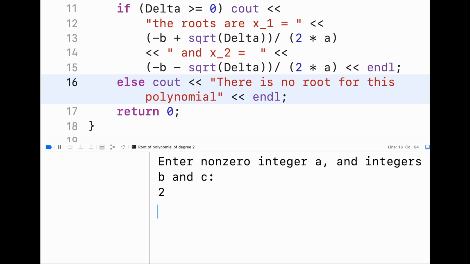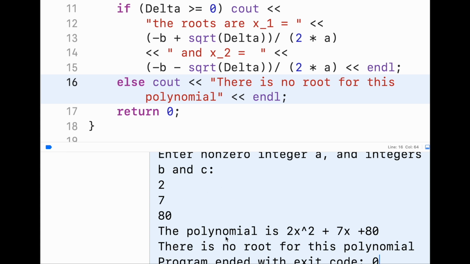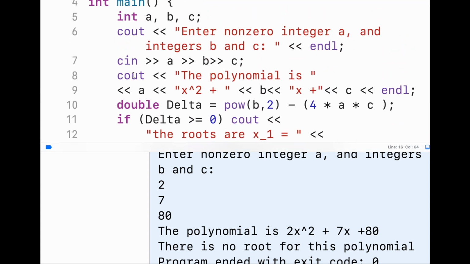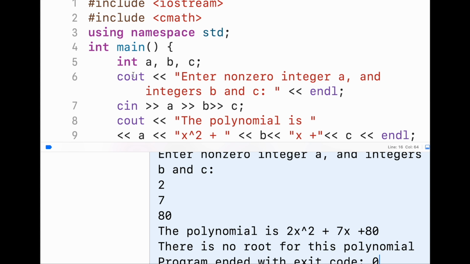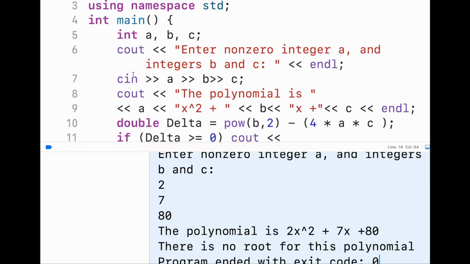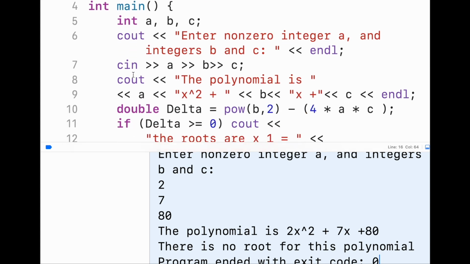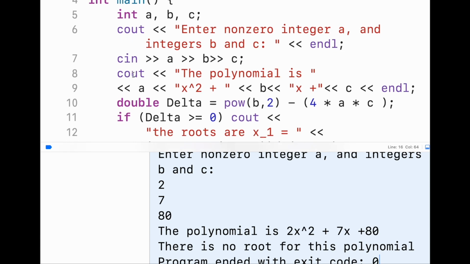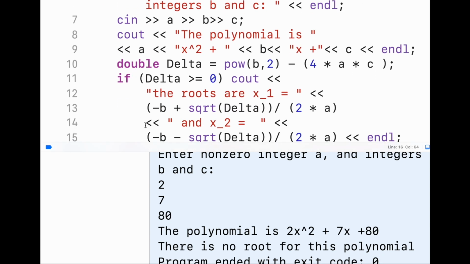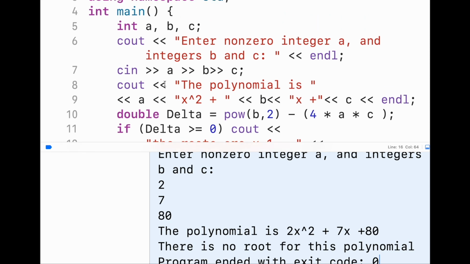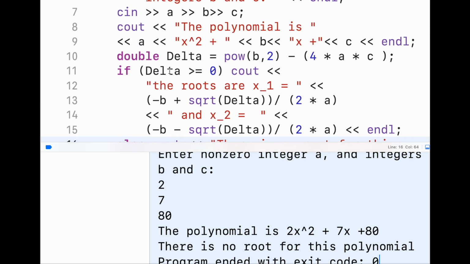I enter different integers from the previous one. So I want delta to be negative, so I choose c to be big, so there is no root for this polynomial because it goes to the else part and delta is negative.